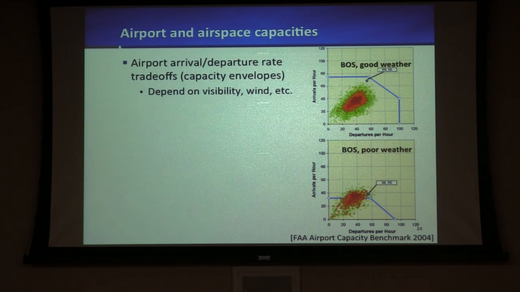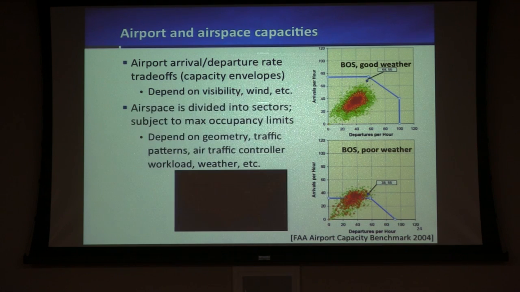If you use all your runway resources for one, you're not going to have very many of the other. And so you're going to have these capacity envelopes. But these envelopes depend on the weather. Depending on whether it's good weather or bad weather, you can have a significant reduction in your capacity, so the envelopes can look very, very different. And that's going to be one aspect of the constraints.